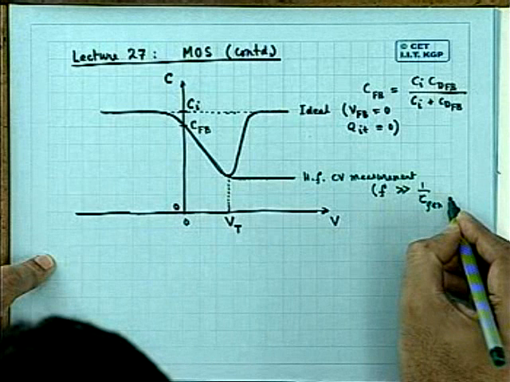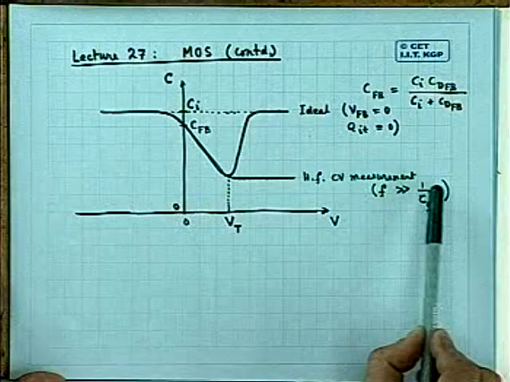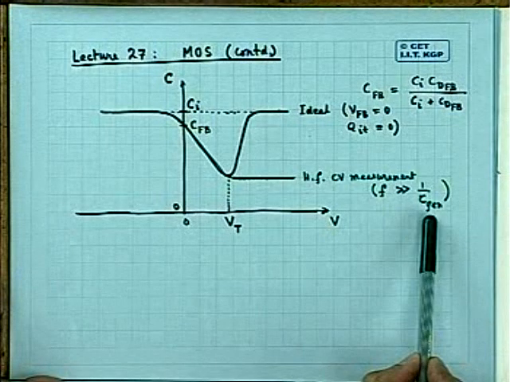Due to thermal effect, electron hole pairs are generated in the depletion layer under that positive bias applied at the gate, and that really produces the excess electrons in the inversion layer, in the surface. So this is the condition for which the high frequency measurement has to be taken. The frequency should be very, very large compared to the reciprocal of that generation time, the lifetime of carrier generation.